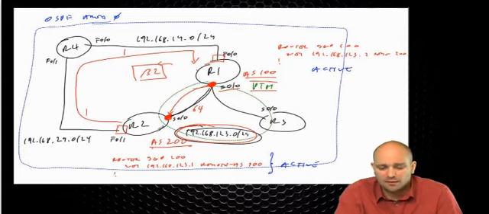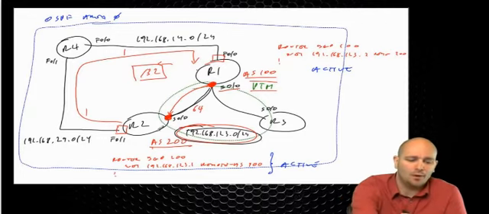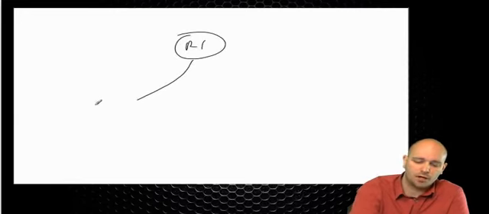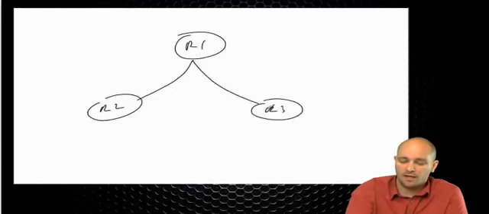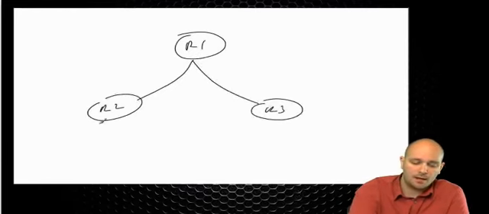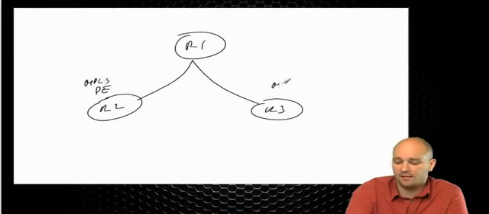Now, this may make you think, okay, maybe I should just stay away from point-to-multipoint because it obviously creates a problem. Well, let me give you another example. So you have R1, R2, R3, again, hub and spoke. And let's say that this here is an MPLS PE device, and this is an MPLS PE device.